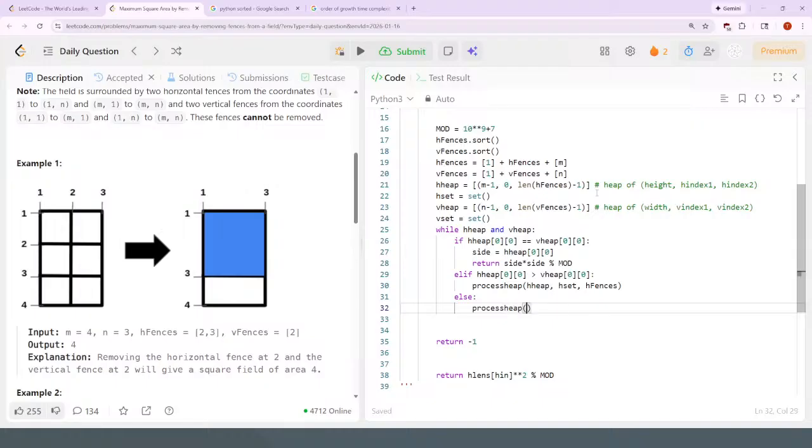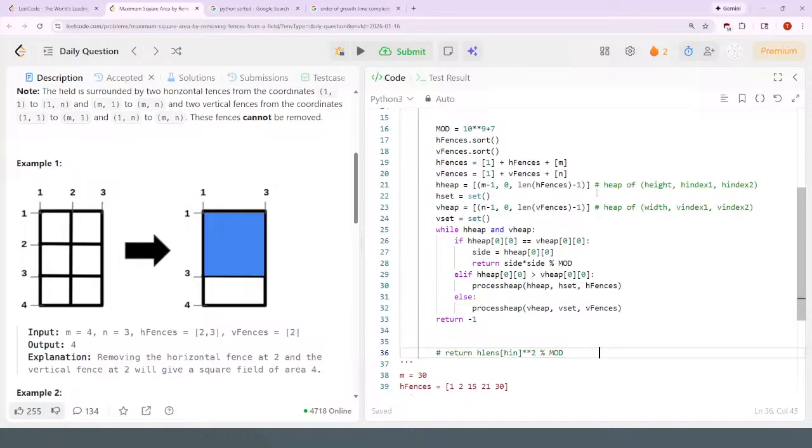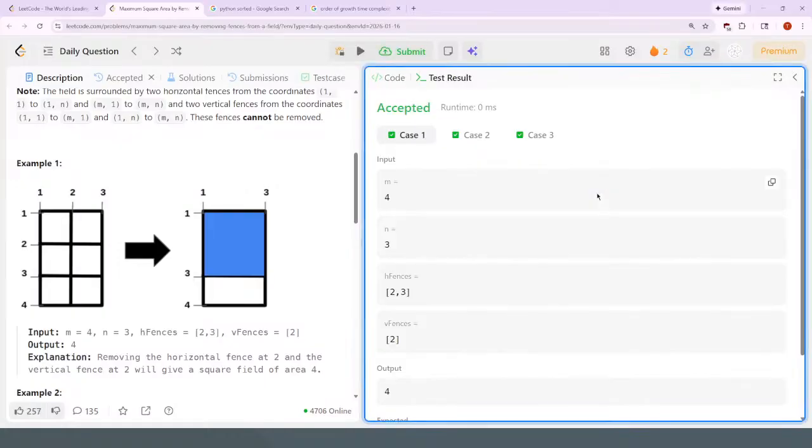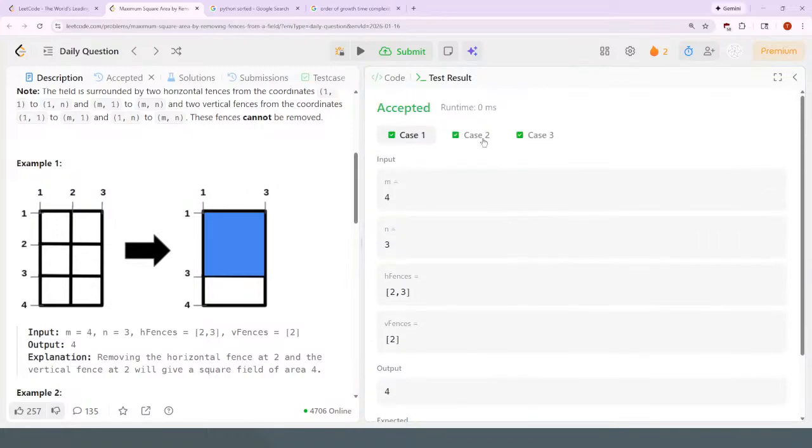This can be process heap, vertical set, vertical fences. That might be it. Let's see if this works. Okay.